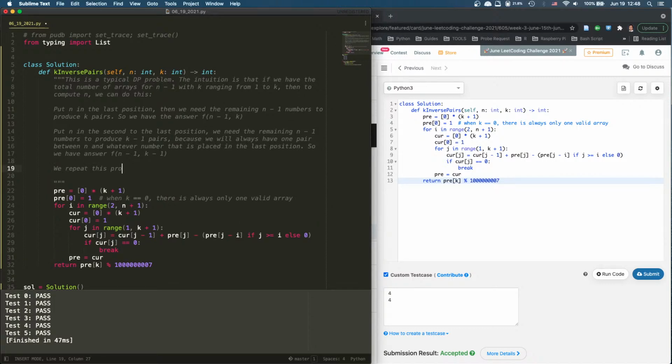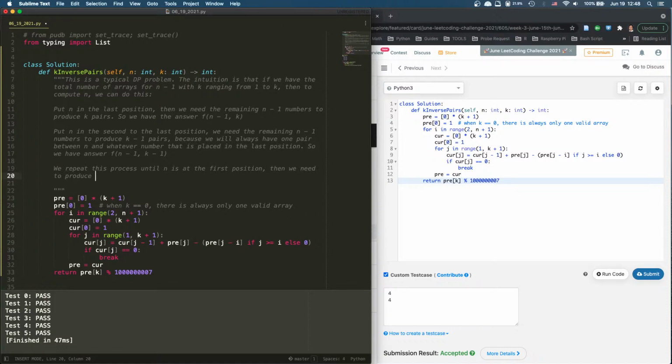We repeat this process until n is at the kth to the last position.